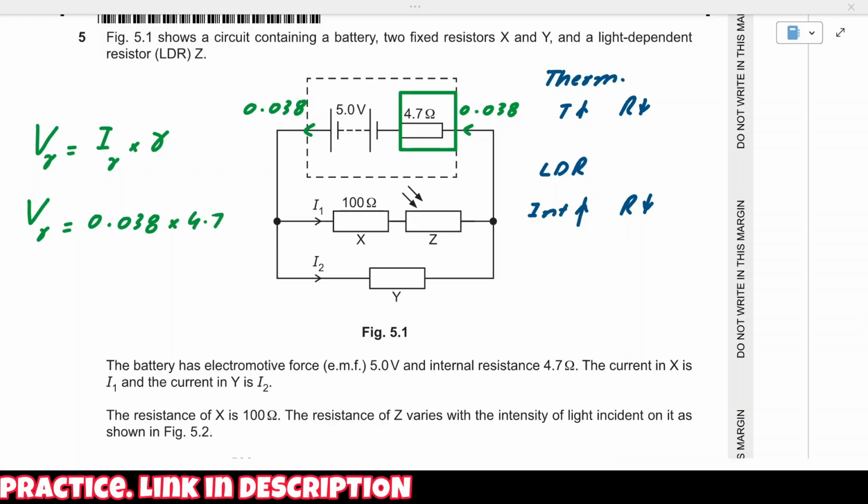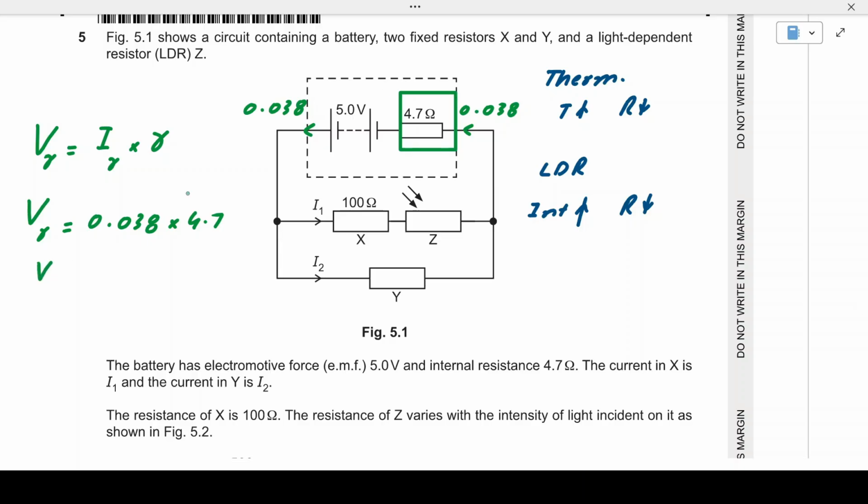Multiplying these two, 0.038 multiplied by 4.7, I get 0.1786, or I can say 0.18. So the voltage across this one is 0.18.